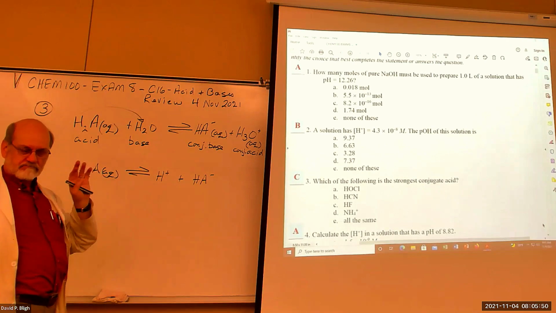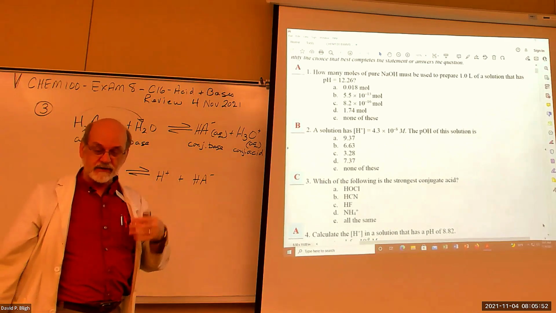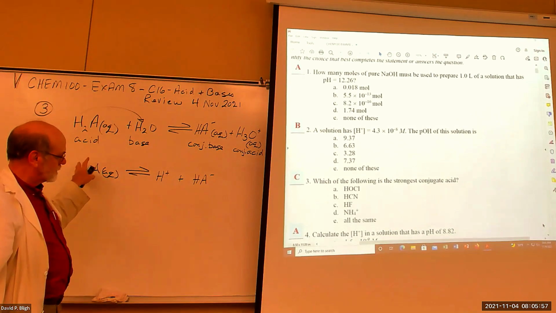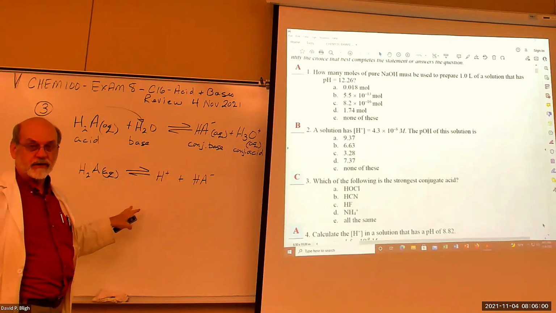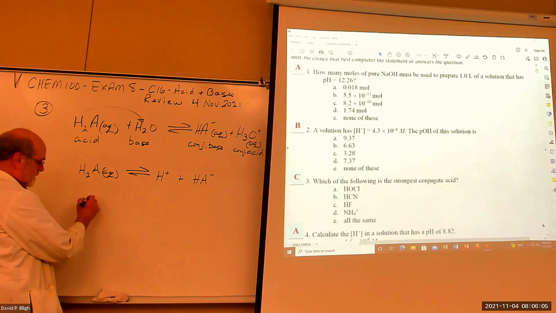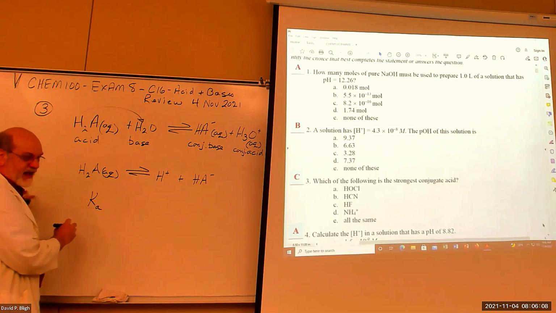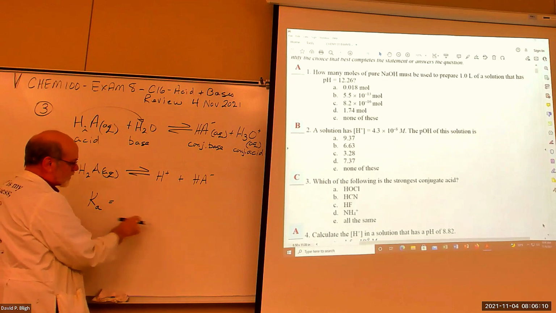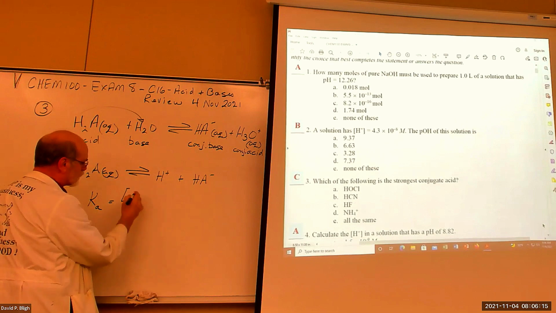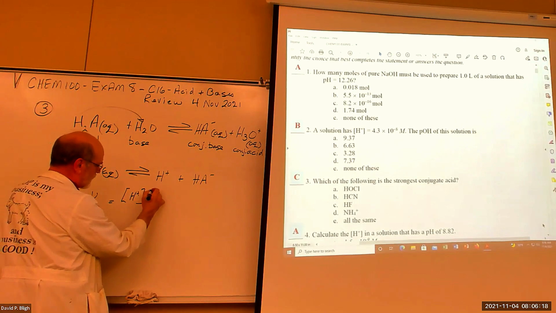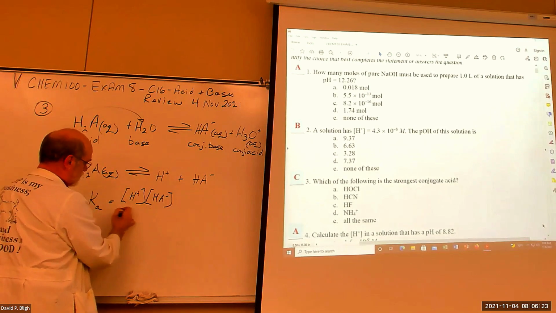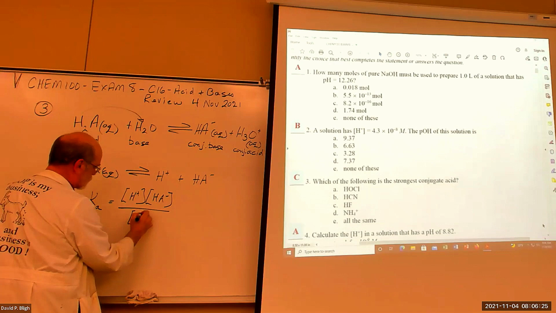But the equilibrium expression, and you'll have to look at the lecture video to get a little more information on equilibrium. When we write the equilibrium constant for this, and we put a little a there for acid, that expression is the equilibrium concentration of the hydrogen ions times the equilibrium concentration of the conjugate base divided by the equilibrium concentration of the acid.